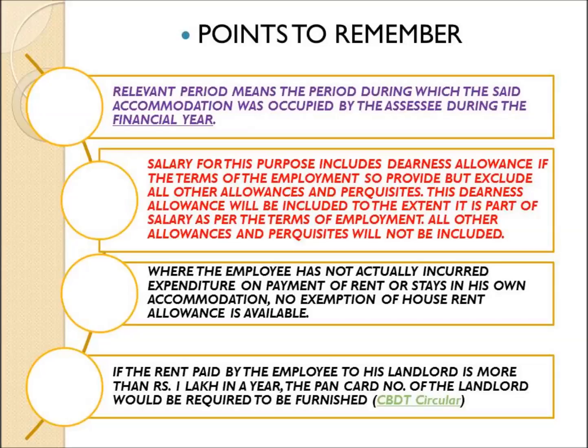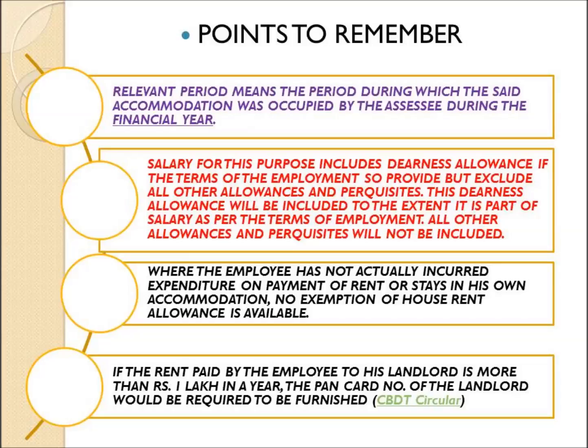So the computation of salary is very important. You have to keep this in mind, whether it is the computation of exemption of gratuity, or computation of exemption of pension, or computation of exemption of HRA.